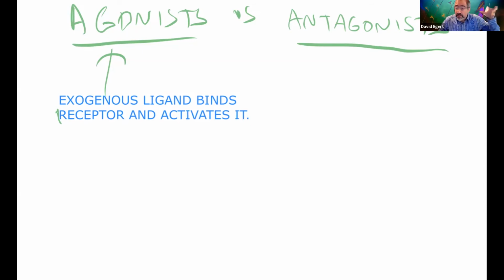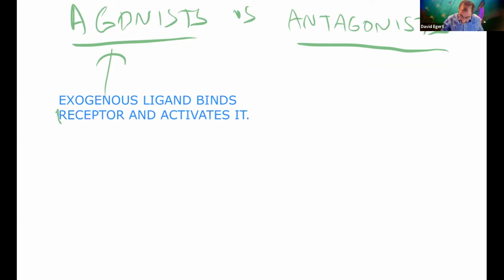They can get into those opioid receptors, bind and turn them on, which helps with pain relief and makes you feel floaty and all that. So that would be an opioid agonist, something that binds the opioid receptor and activates it.